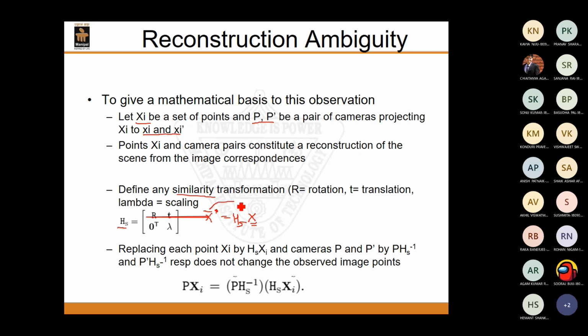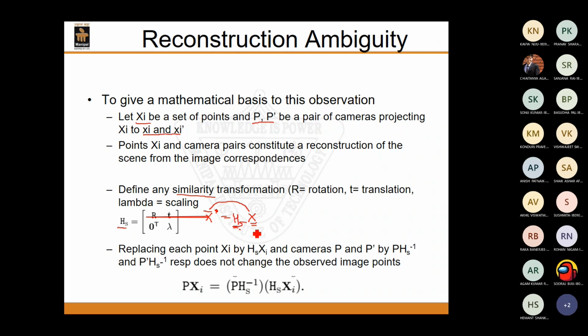So the actual scene as well as the reconstructed scene differ only by a similarity transformation, or are related by a similarity transformation. If I apply a similarity transformation to this reconstructed scene, I will get back the original scene. That's what it means.